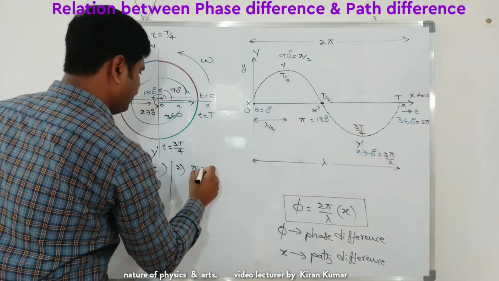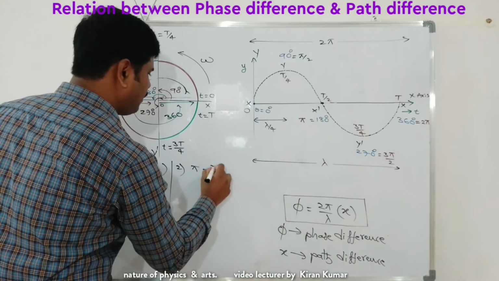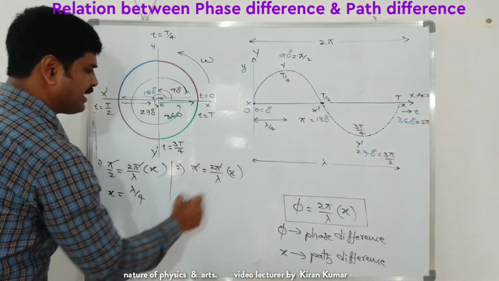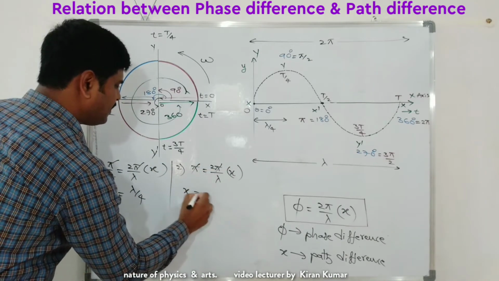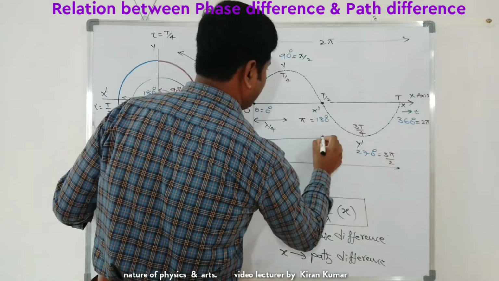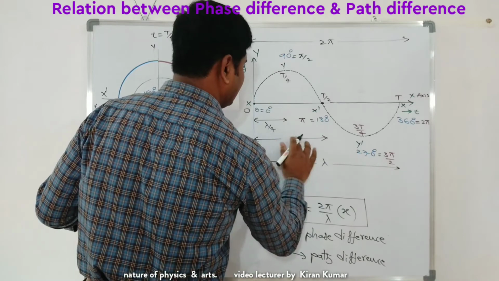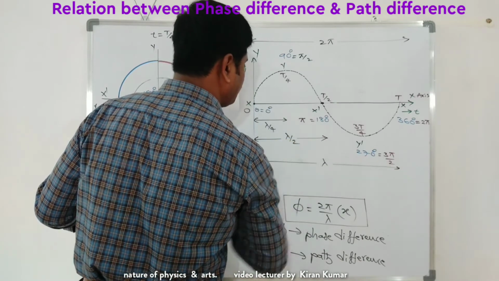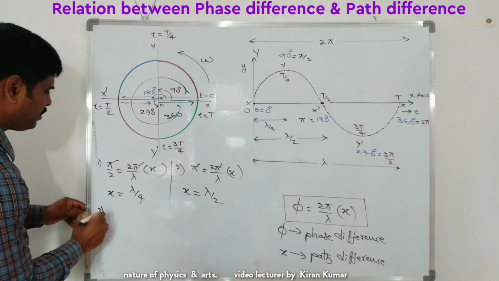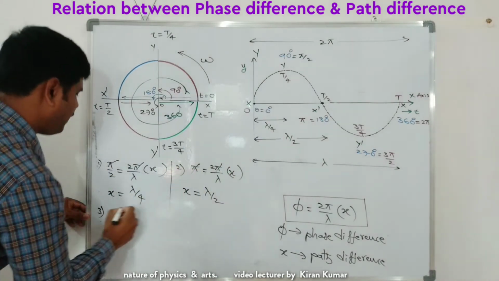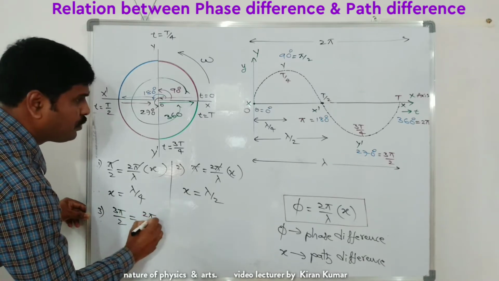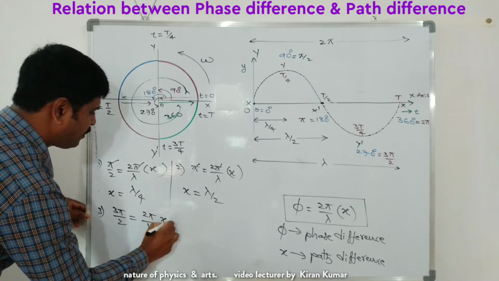Okay, and next, that is the second one, pi is the phase difference. Here pi is equal to 2 pi by lambda into x. Here pi gets cancelled, and x is equal to lambda by 2, and this distance we can write as lambda divided by 2. Okay, and the third one is 3 pi by 2, which is equal to 2 pi divided by lambda into x.